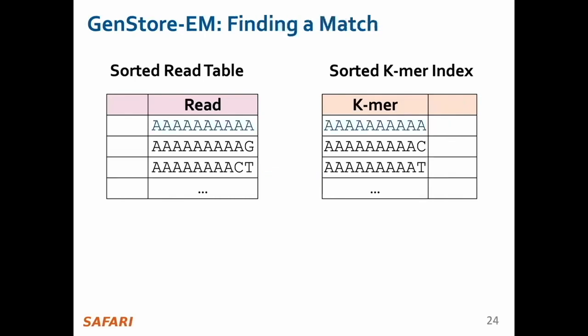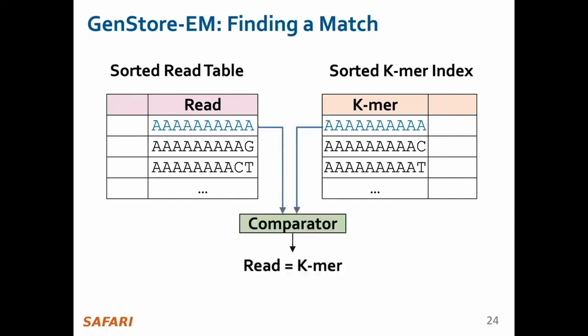We sequentially scan through these data structures in three different ways based on the comparison result of the current read and k-mer. First, when the current read and k-mer are identical, we detect that the read is an exact match and can be filtered from further read mapping analysis. By filter here, we do not mean neglect or throw out.